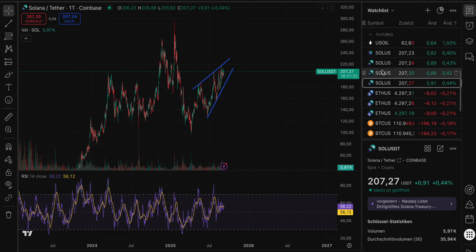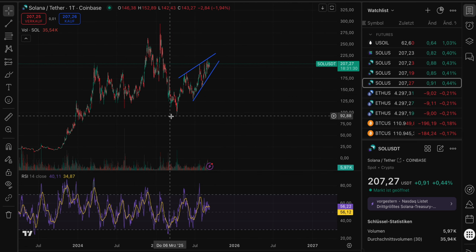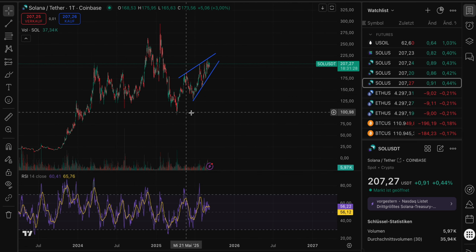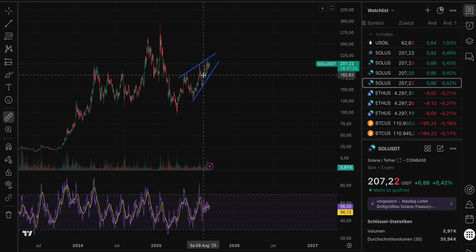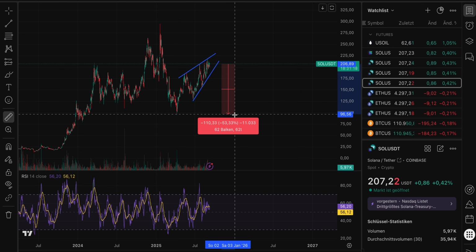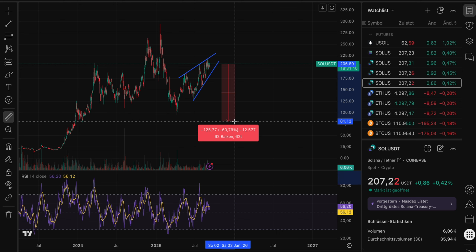So when we see Solana getting below this low, below the $95 level, which means from today's price, another minus 50% plus, minus 55% plus trade, okay?